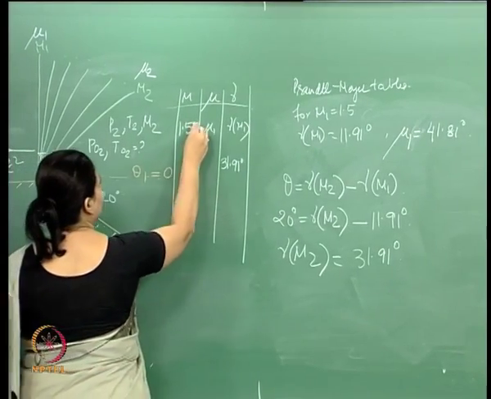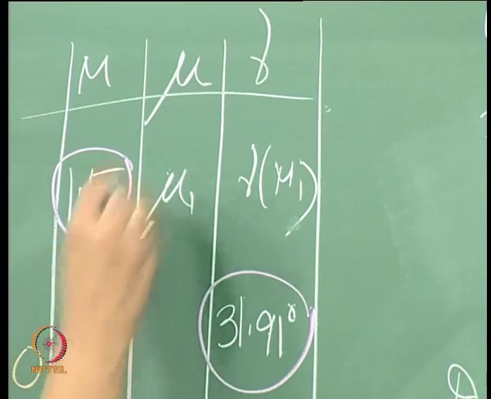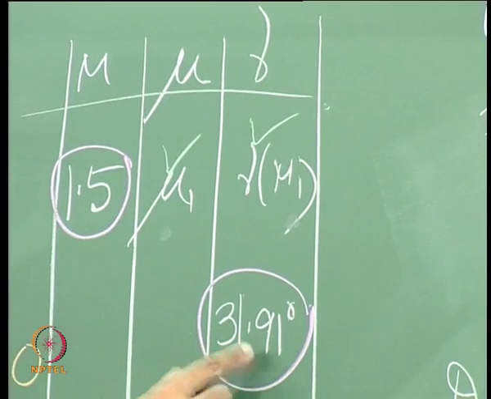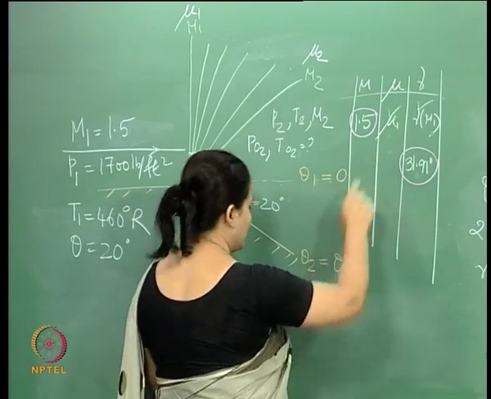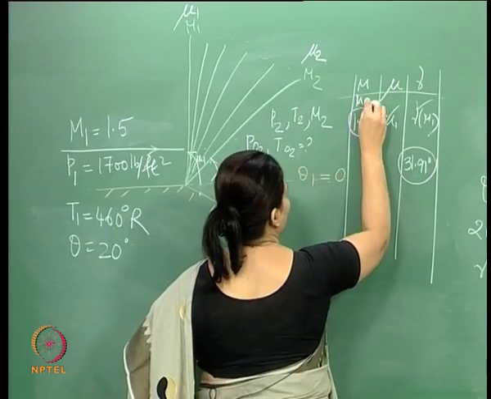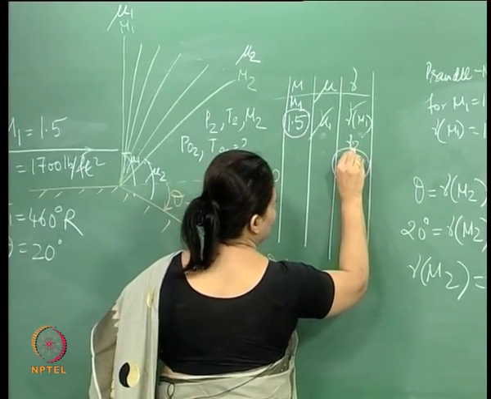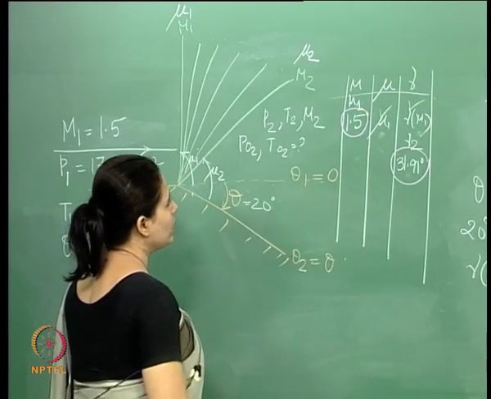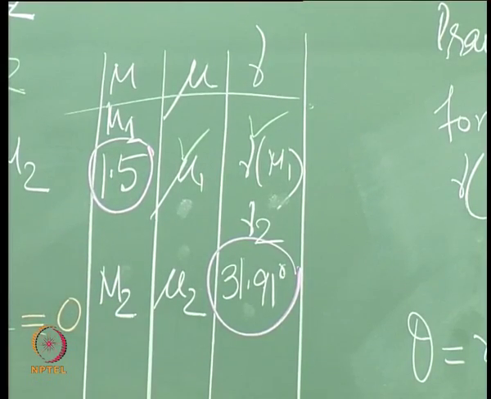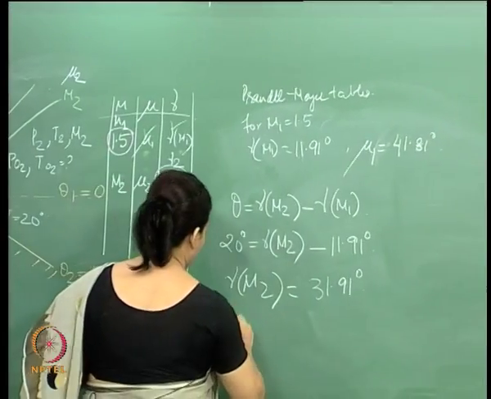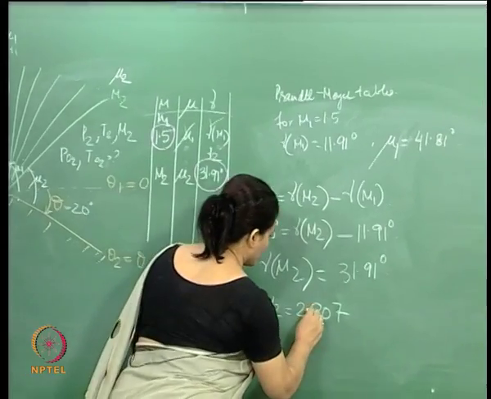In the first case, the Mach number was available, so we found nu1 and mu1. Now nu2 is available, so we go the reverse way and find M2 and mu2. What we find is that the corresponding Mach number is 2.207, around 2.21.